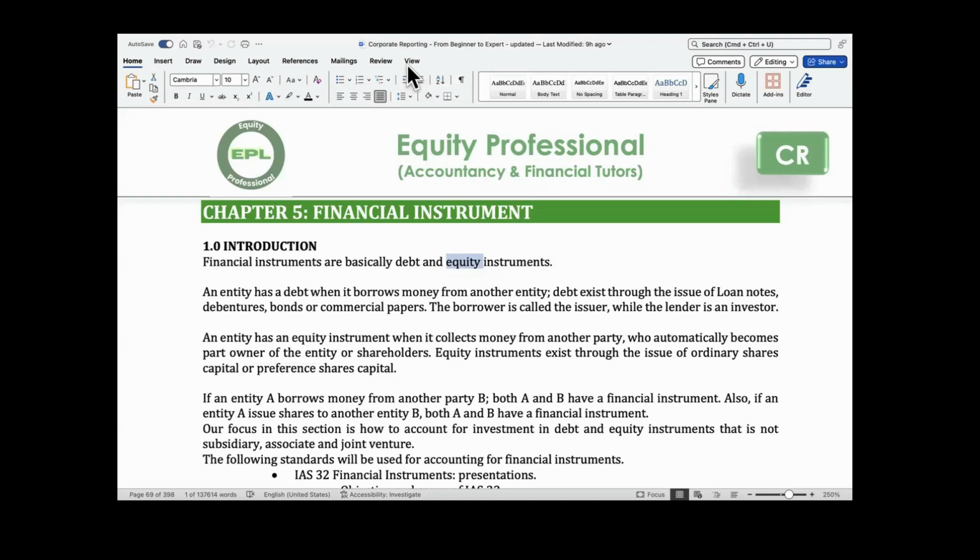And also your ability to distinguish that from when we have issued an equity or ordinary shares. That is the major part of what I want to teach you today. As soon as you're able to get that, then we will go and sleep. Then we'll continue next week. That is my aim for today.